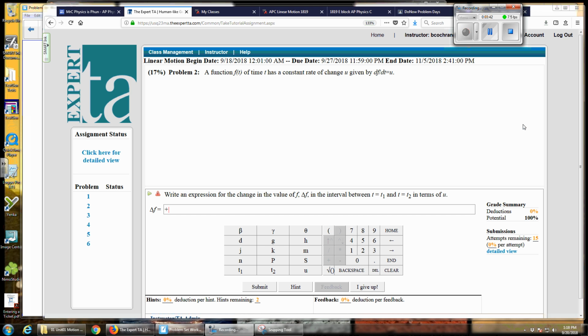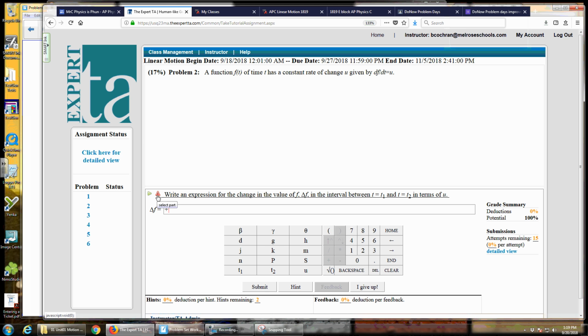All right. So a function f of time t has a constant rate u given by the derivative of f with respect to time. Write an expression for the change in the value of f, delta f, on the interval between t1 and t2 in terms of u. Just seeing what the little icons mean.